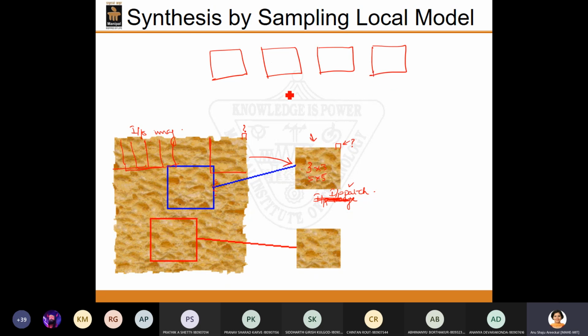So after I select a few of the closest matches as that of the input patch, what I next do is I randomly select one among these. Okay, I just randomly select anyone. So let's say I'm selecting this one.